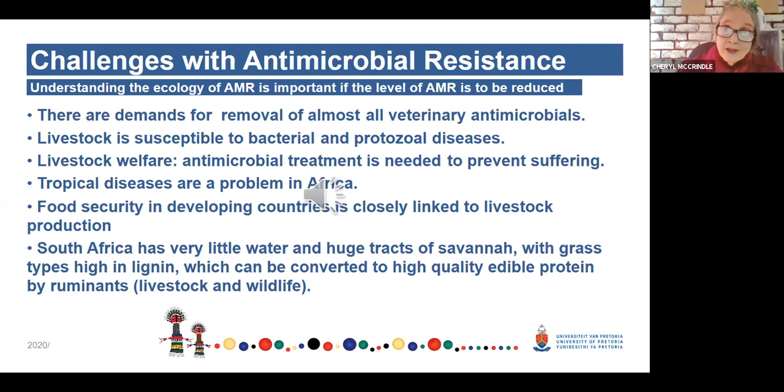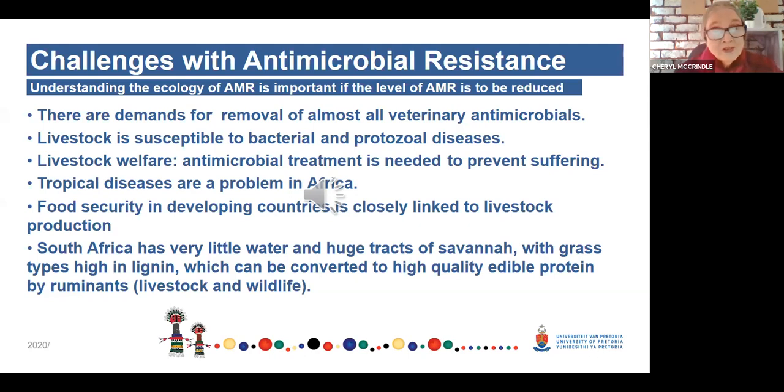Tropical diseases give very high mortality in both our livestock and wildlife. In the wildlife, we just leave them to it, and the lions eat the ones that don't survive. But if you have a small-scale farmer and he is dependent on his goats and they start dying of heartwater and he's not allowed to use antimicrobials to save their lives, then his food source is gone, his breeding animals are gone. And so this is quite important.